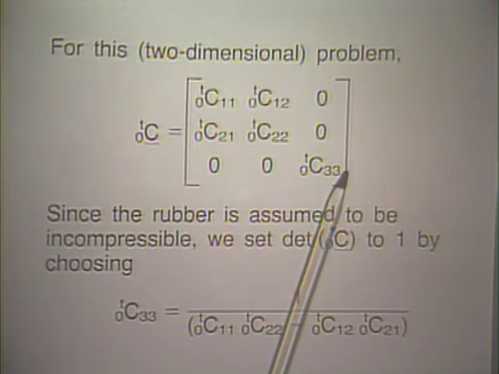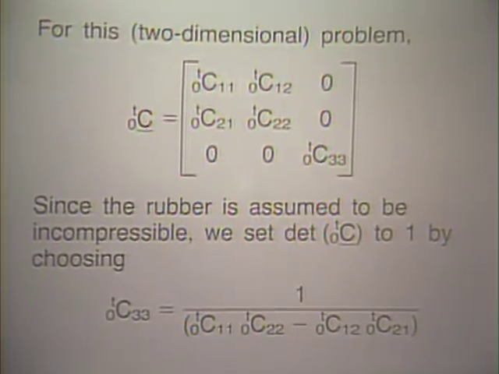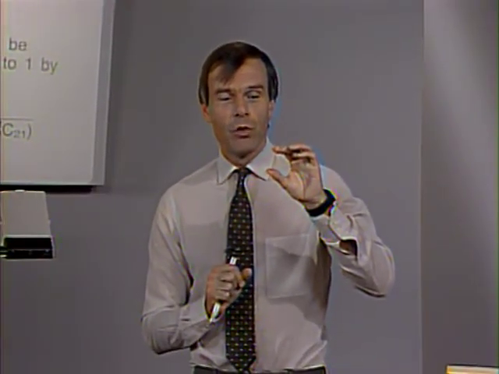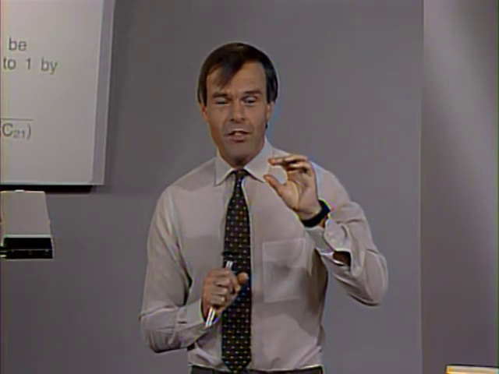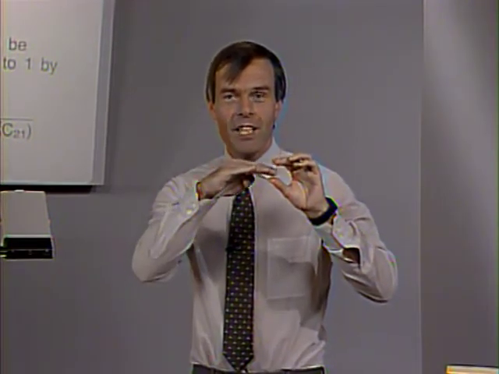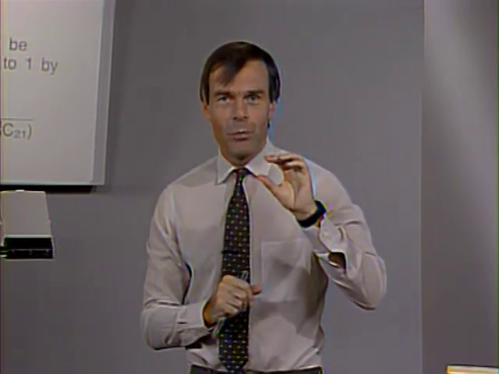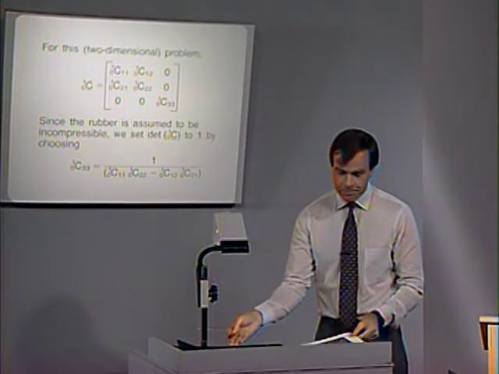And this gives us then a constraint on C33. Basically we are saying physically that we constrain the material to shrink in the 3,3 direction such that for the applied stresses in the plane of the material it acts as incompressible. And that's what's being done here mathematically.